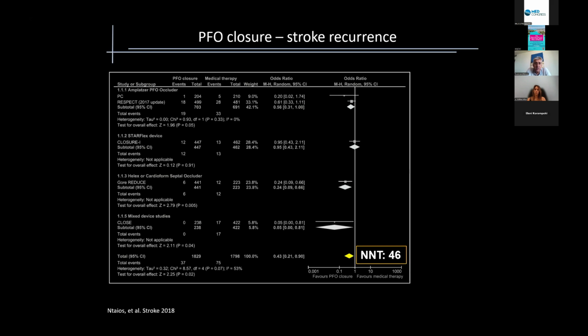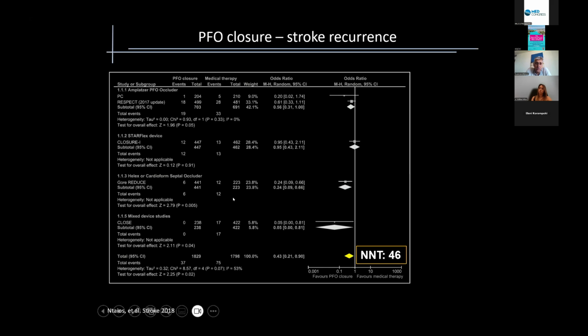And how did this conclusion come about? From 5 very good randomized controlled trials, where patients who had a stroke and no other apparent cause, but had a PFO, were randomized either to have their PFO closed or not. They prospectively followed those patients to see whether they might have a stroke recurrence.